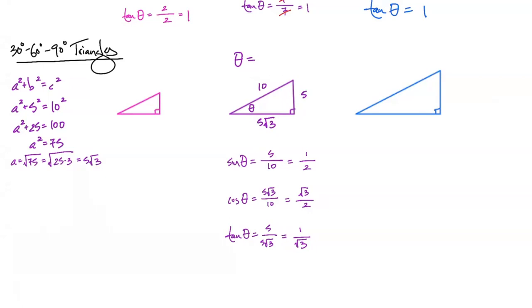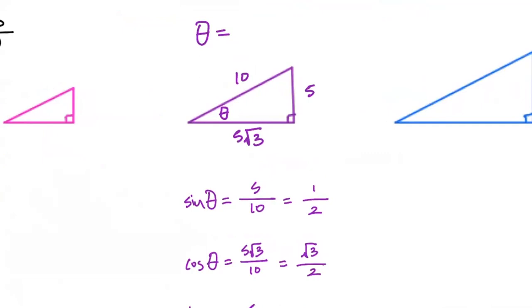Okay, 8.66, that's great. So if this 5√3 is about 8.66, then 5 is clearly the shortest side in the entire triangle. 5 is smaller than 8.66.